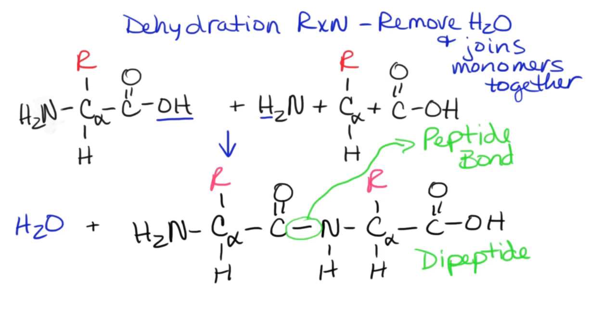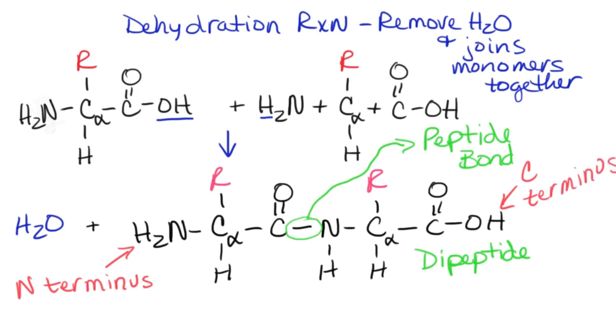Now, if we just look for a moment at this molecule that we have constructed, it has two unique ends to it. This end over here, notice it has an amino group on it. That is what we tend to refer to as the N-terminus. And on this end, we have a carboxyl group, and that's what we tend to refer to as the C-terminus.